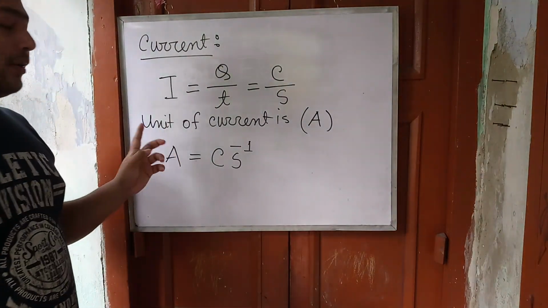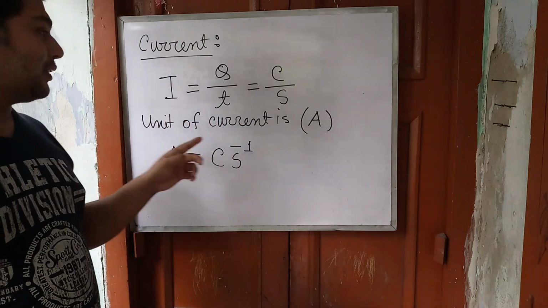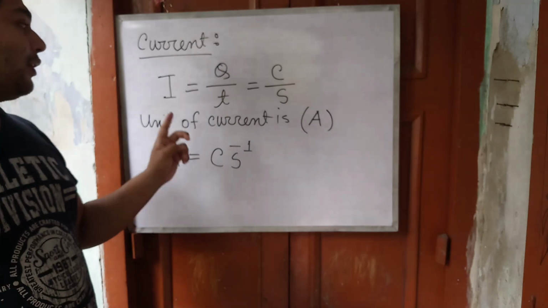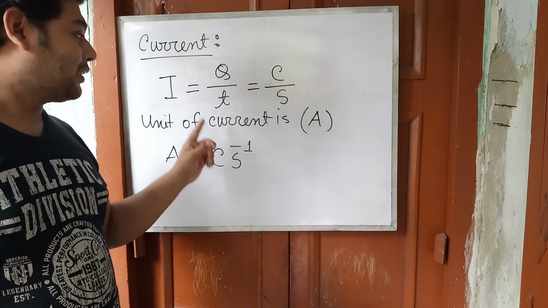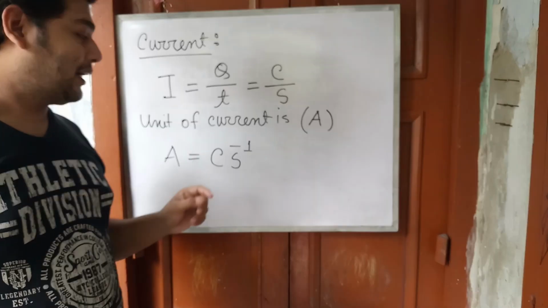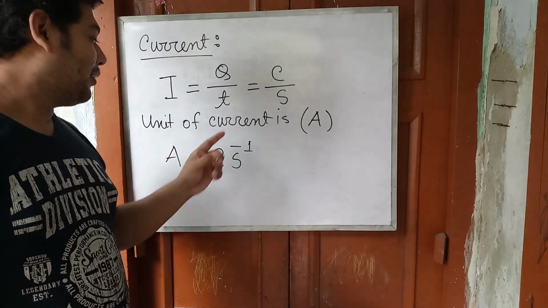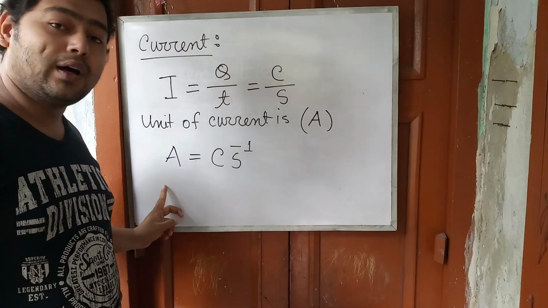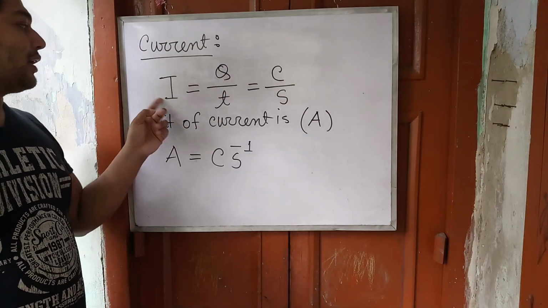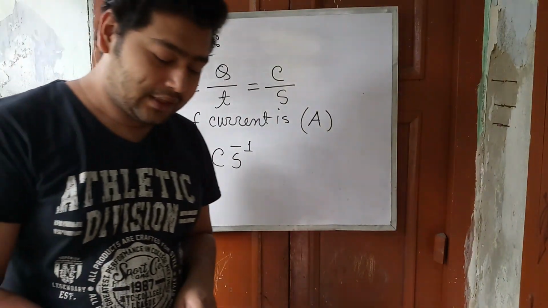By the definition of ampere, if 1 coulomb of charge flows through a conductor in 1 second, then the amount of current is called 1 ampere. This is the law of current, I equal to Q by t.